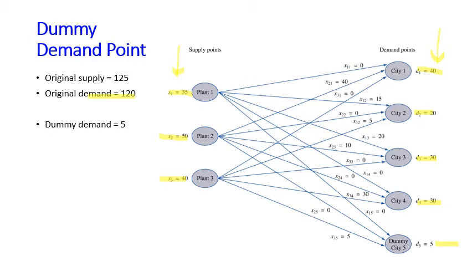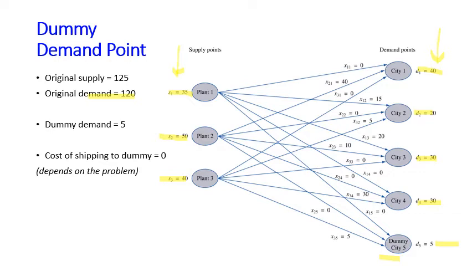And then you may wonder what is the cost of sending electricity from any of these plants to the dummy city. In this example, we can set the cost equal to 0, but it really depends on the problem. Because you may think of this dummy city 5 as the excess capacity that we don't use from any of these plants.